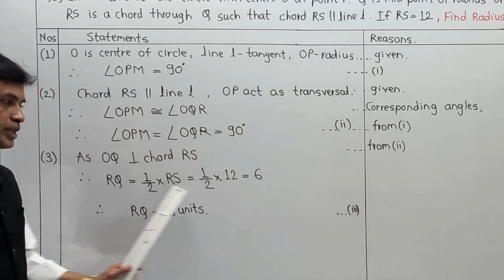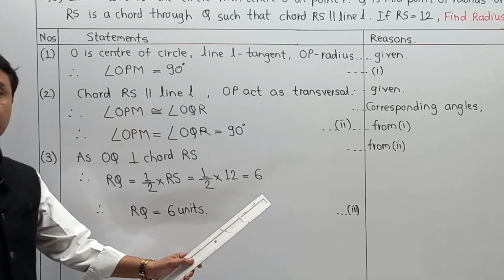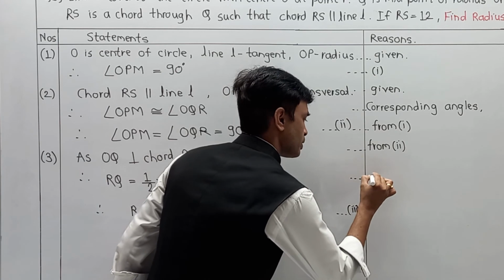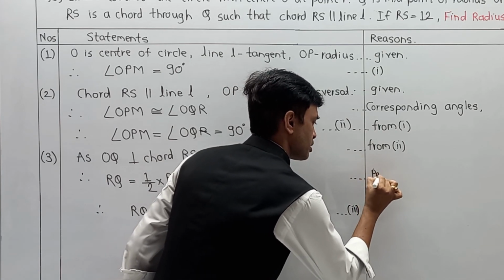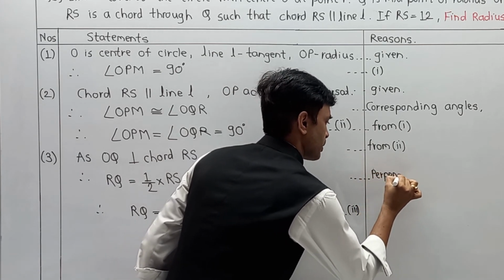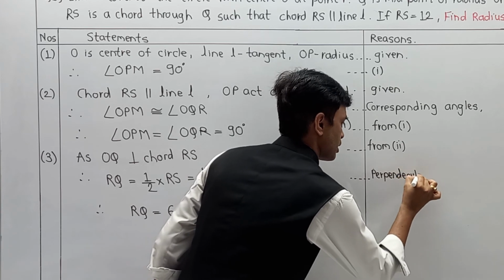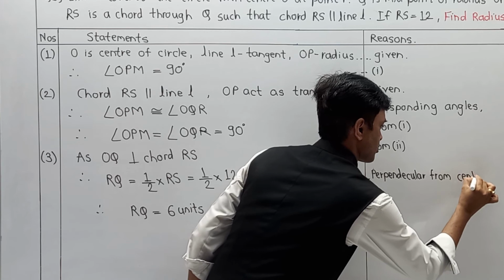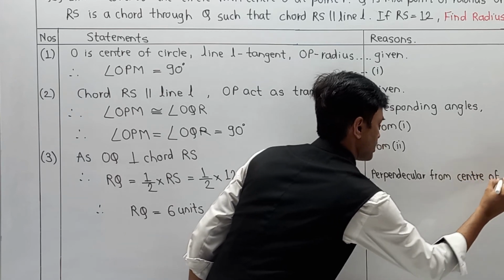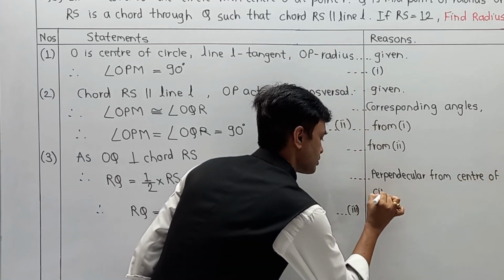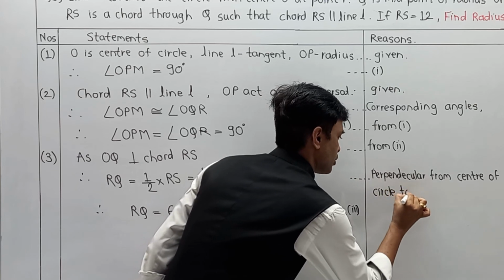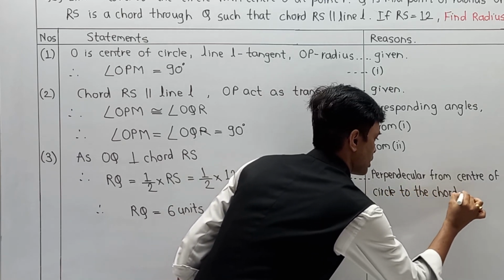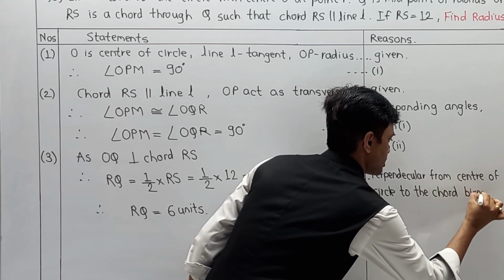And for this part, we have the reason: perpendicular from the center of a circle to the chord bisects the chord.